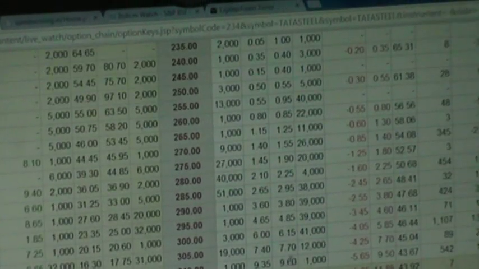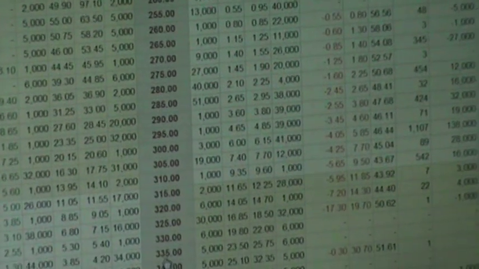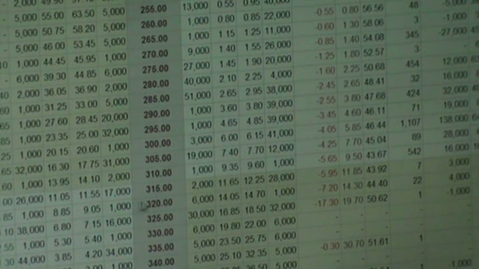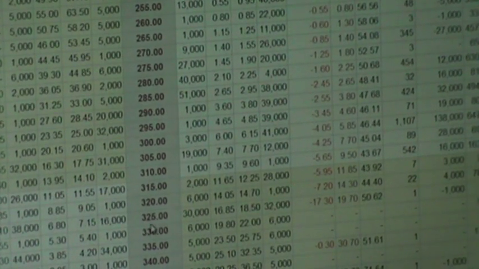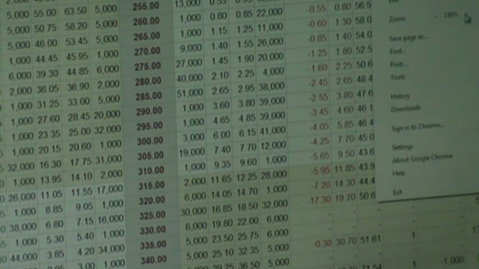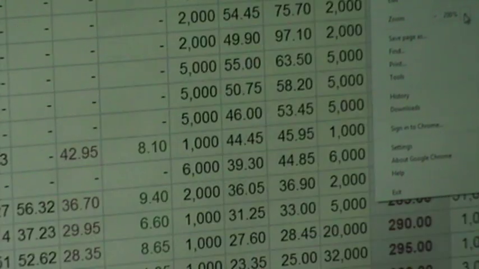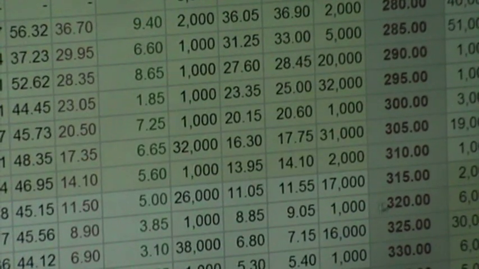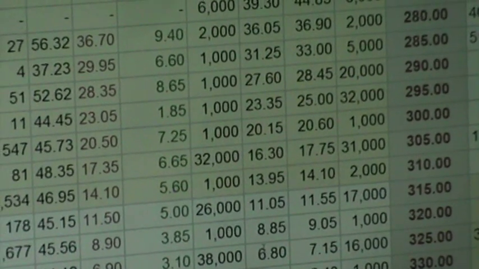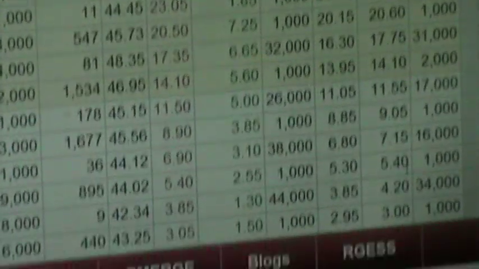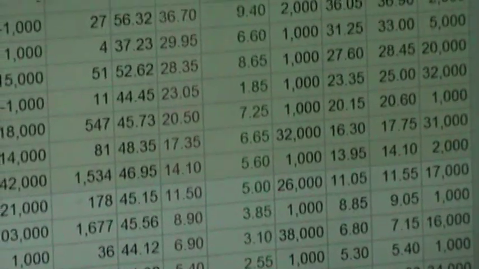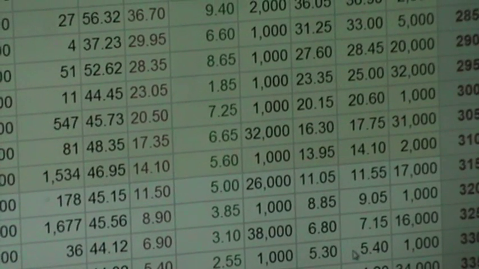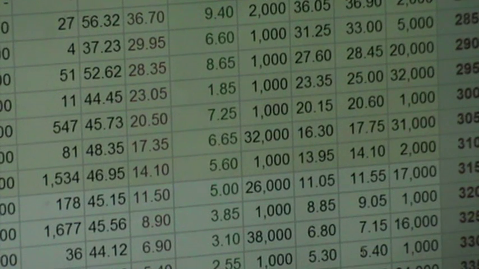We can see here that the call of 320 is 9 rupees, the call of 315 is 11 rupees, the call of 325 is just see here, have a look, 9, 6, 5. If I am having less capital, I can do one thing, buy the call of this 5,000 or 5,500 rupees and leave it.